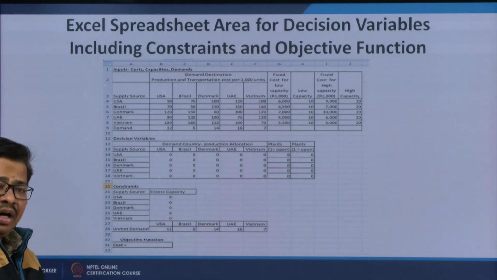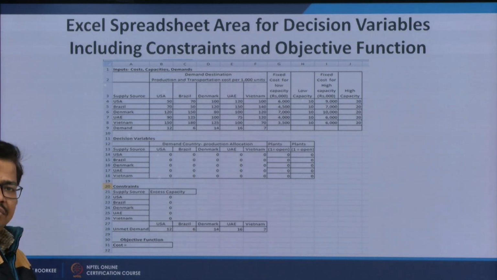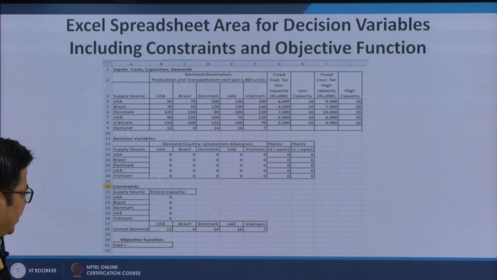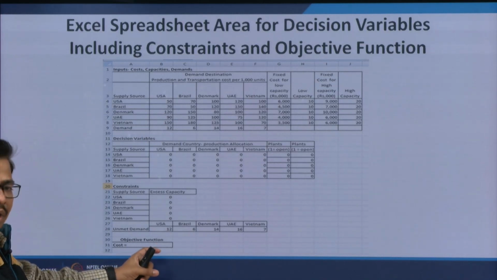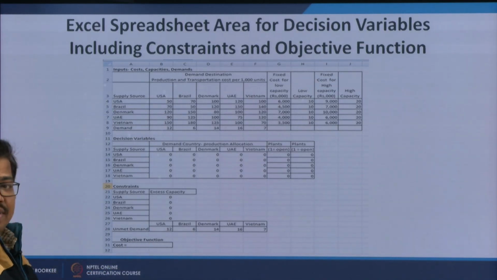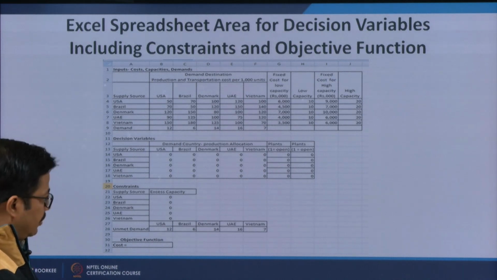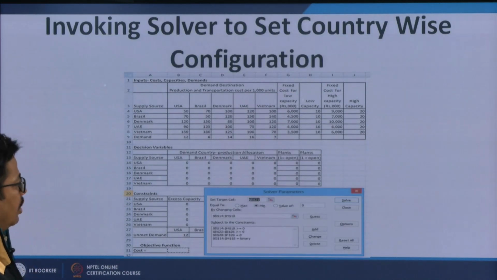How these zeros are appearing here and how these 12, 6, 14, 16, 7 are coming. And then once you have this, you also write this objective function formula in this B31 cell. After that, now we go to start the solver activity.